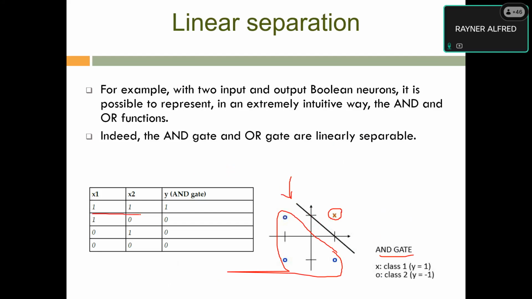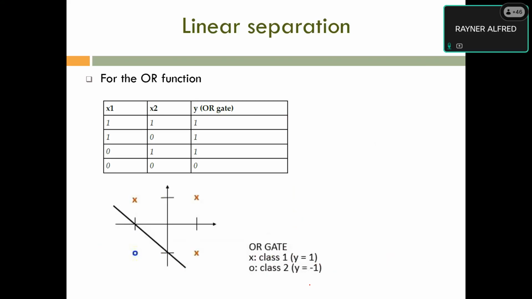And if we have this value for your x1 and x2, that means they belong to here. Okay, for the OR function, also we can use here. So this will be able to separate the positive. This is your positive, and this is your negative. So we can also use the OR gate function.